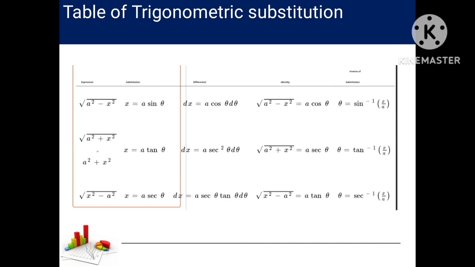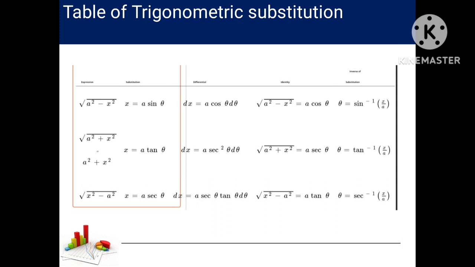So we have here the table of trigonometric substitution. So that we will know which formula or expression to use. We have here the first expression, square root of a squared minus x squared. Its substitution is x equals a sine theta.